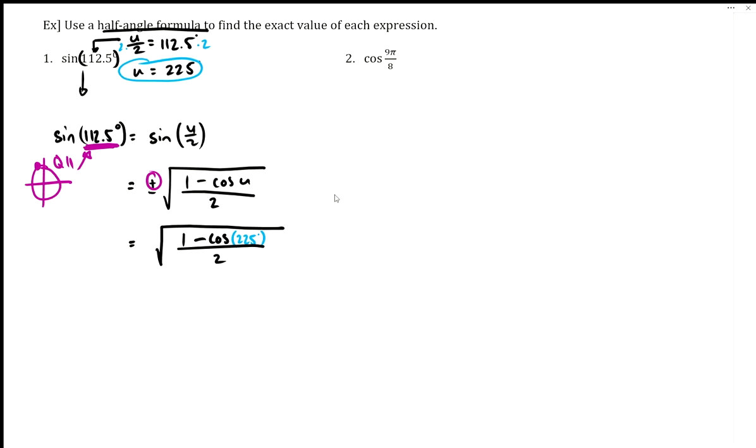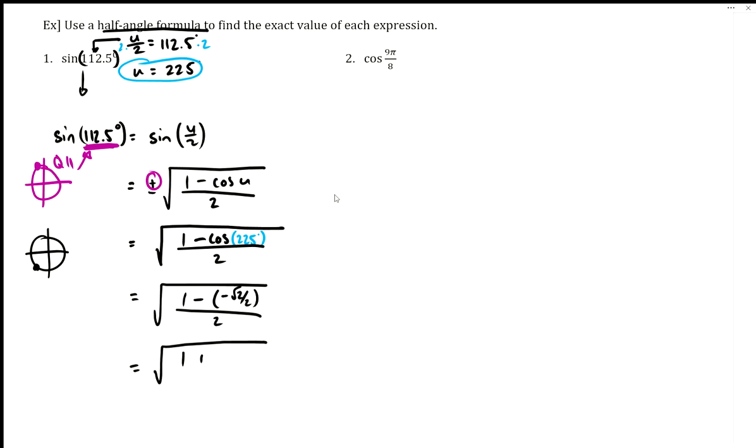Okay, so cosine of 225, that is right in the middle of quadrant 3. So that means that simplifies to be the square root of 1 minus negative square root of 2 over 2, all over 2. And then we just continue simplifying. Okay, so the minus and the negative would become a positive. So again, big old square root 1 plus square root of 2 over 2, all over 2.